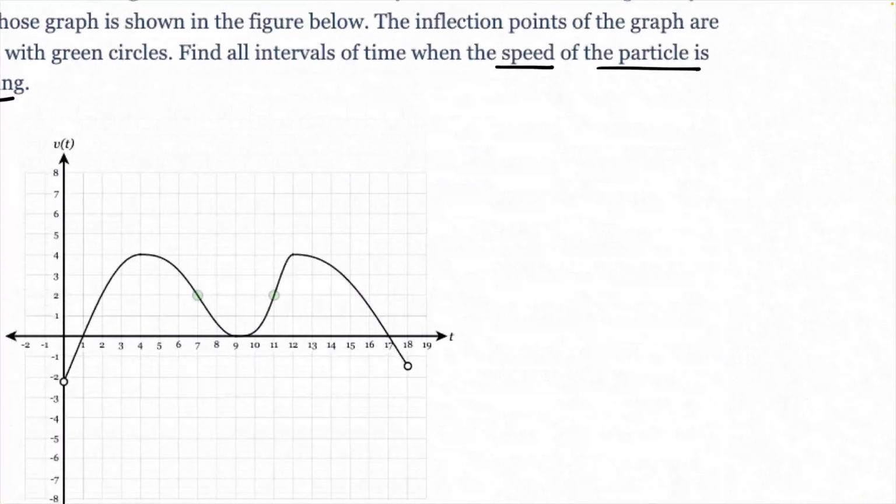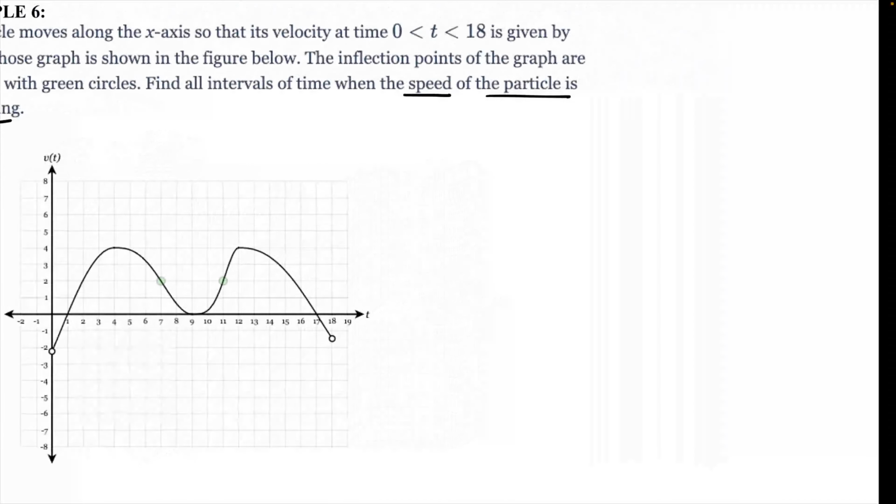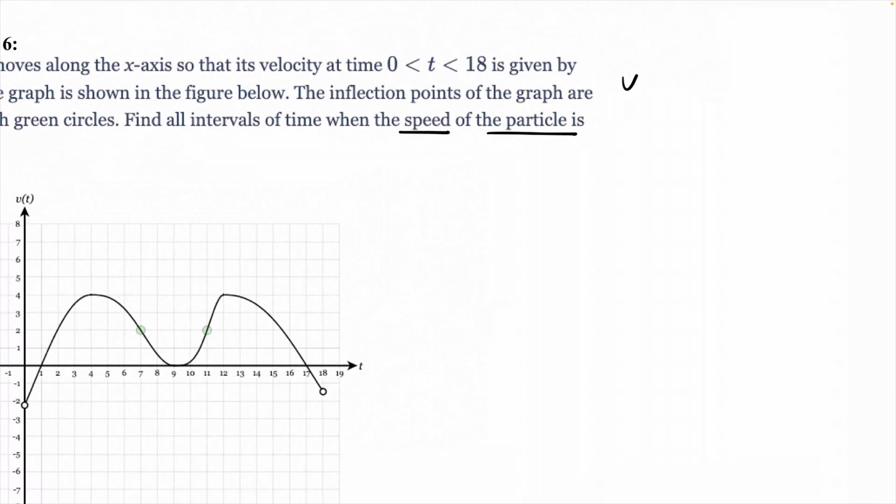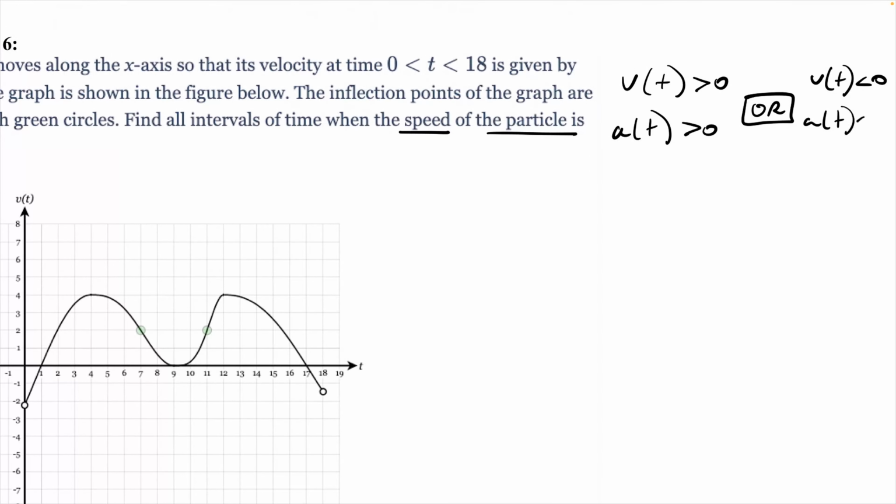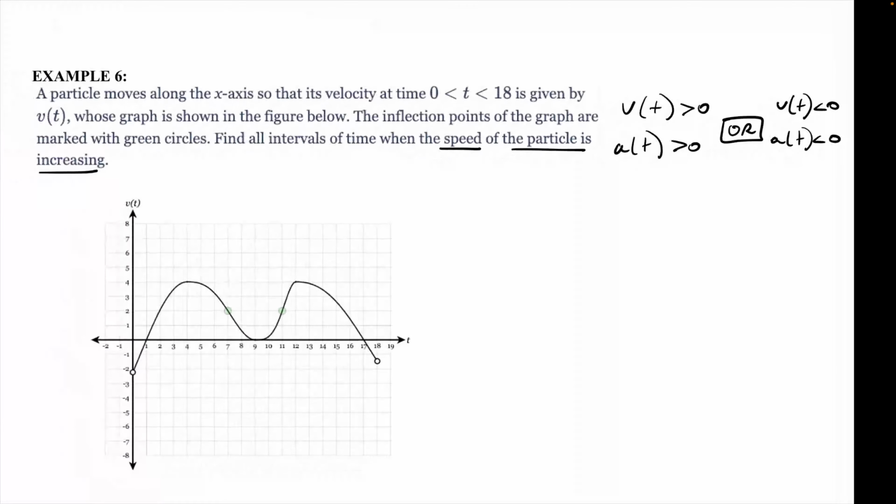Okay, so let's write that down. When velocity is positive and acceleration is also positive, or vice versa, either of those will make speed increasing.